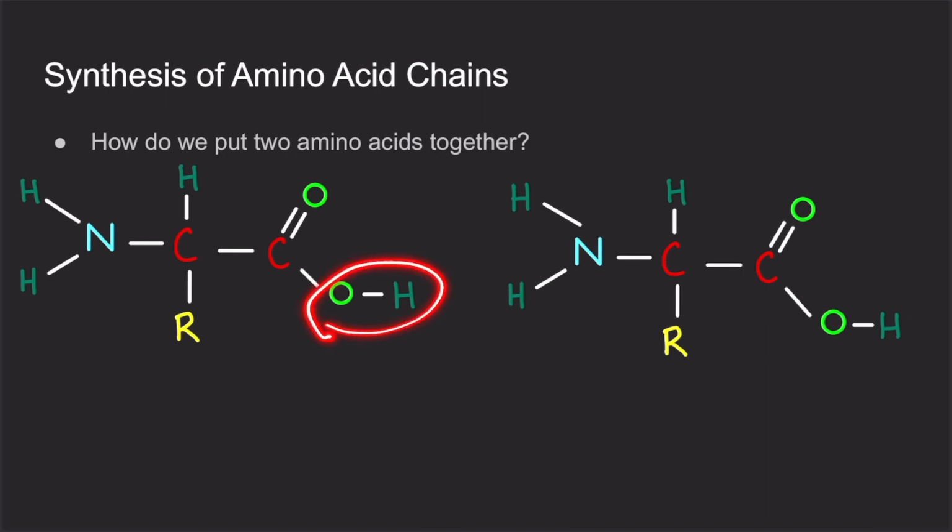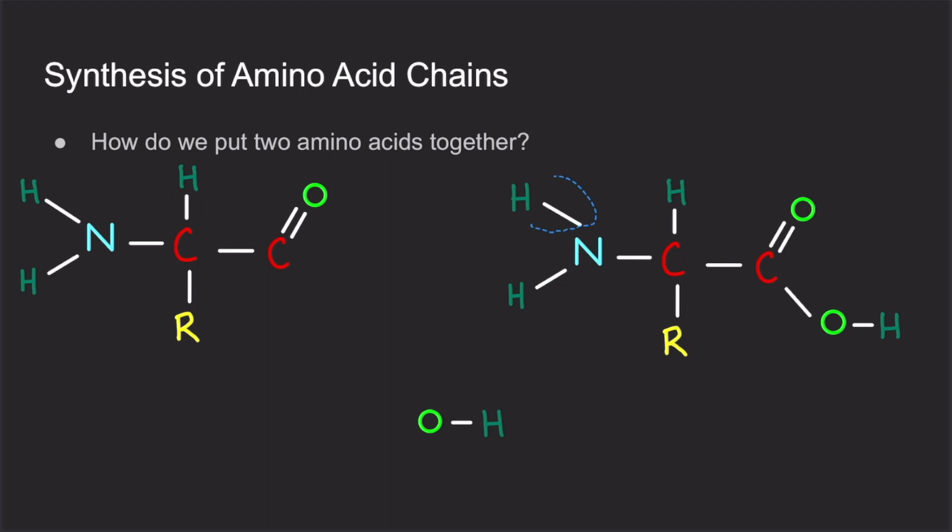If you see this OH here and you have an H, well, that together makes water, right? And this carbon will lose 1 bond, right? That bond here will go away. This nitrogen will lose 1 bond. So what will happen, this will go away.